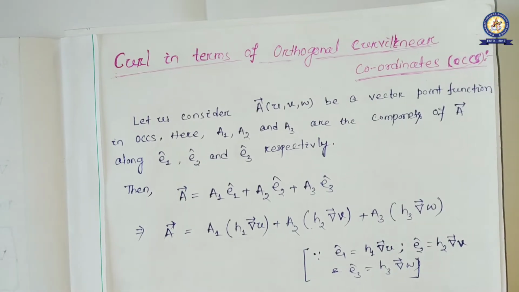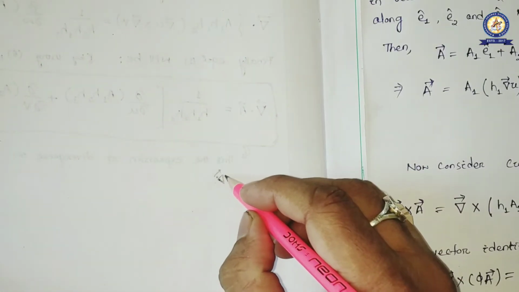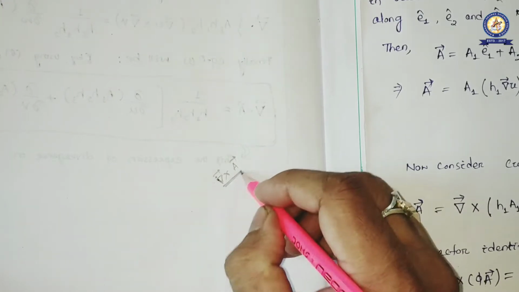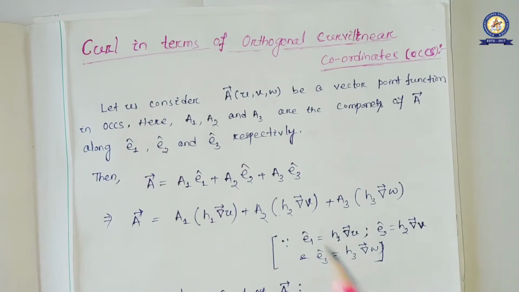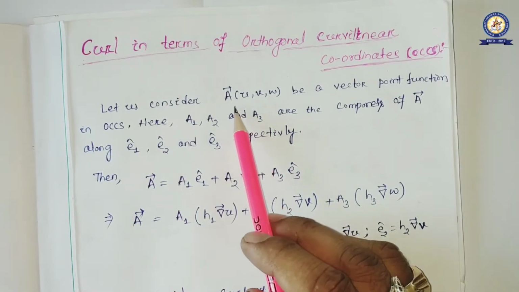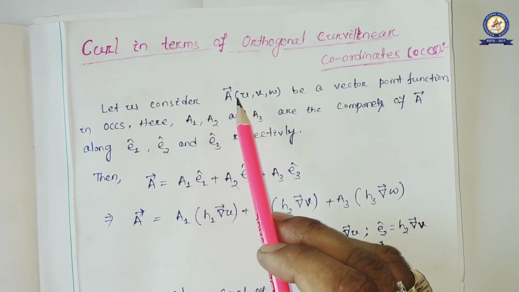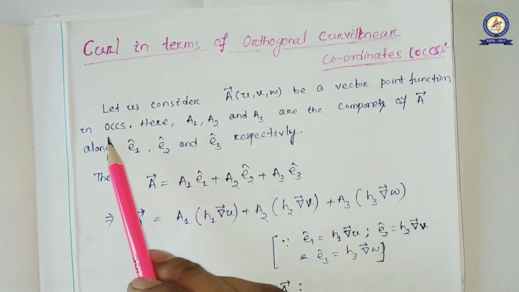As we know, the curl, that is your del cross, will always operate on a vector function. So for that we are first going to consider a vector point function, that is your A, which is a function of u, v, w, meaning this vector point function has been considered in OCCS.